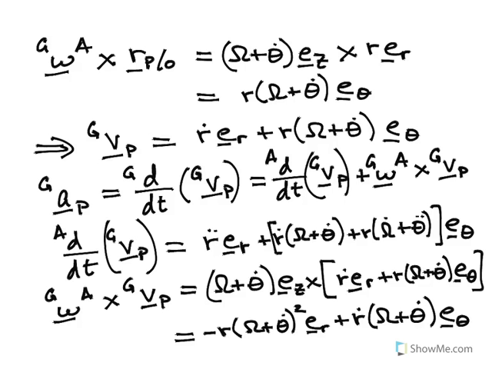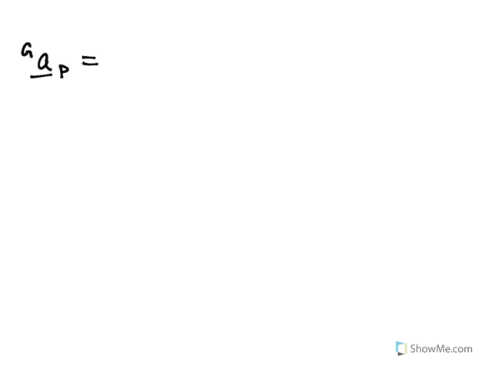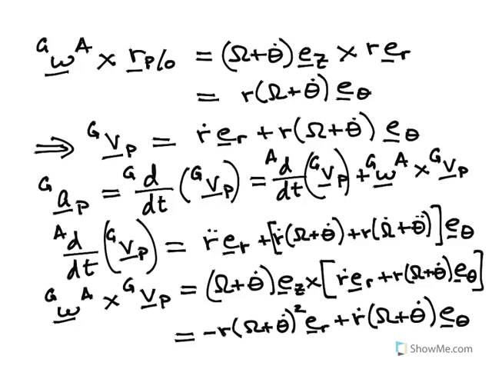So then the acceleration of point P in G is equal to, let's look at these terms here. I've got R double dot ER minus R times omega plus theta dot squared, so I got R double dot minus R times omega plus theta dot squared, the whole thing multiplied by ER. And then the second term, I've got R dot times omega plus theta dot, and I've got another R dot times omega plus theta dot.